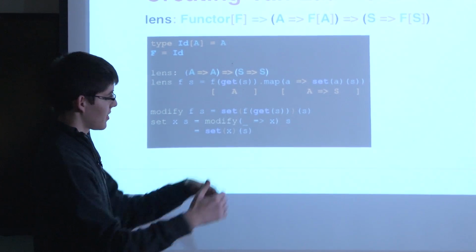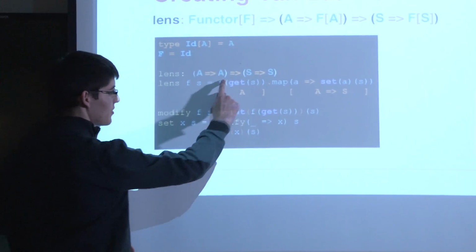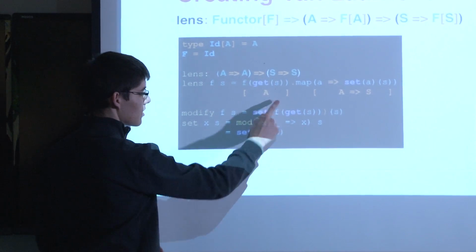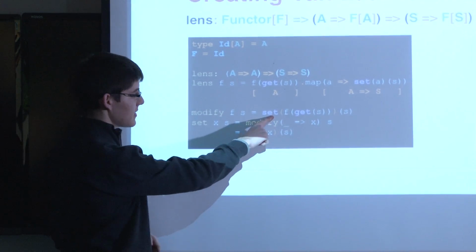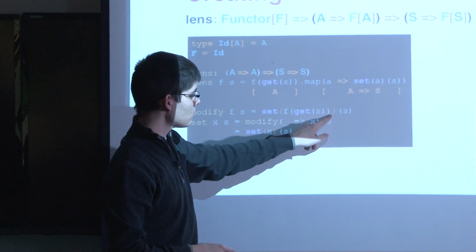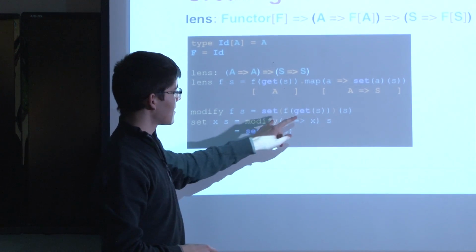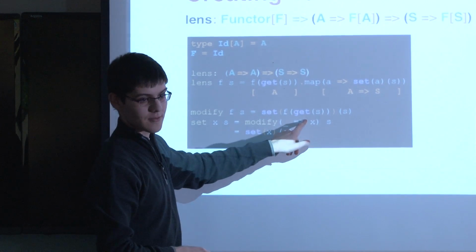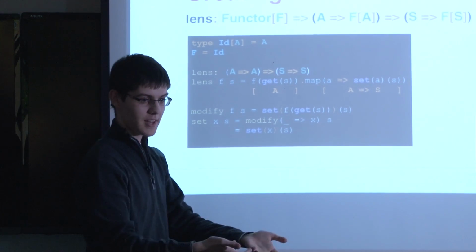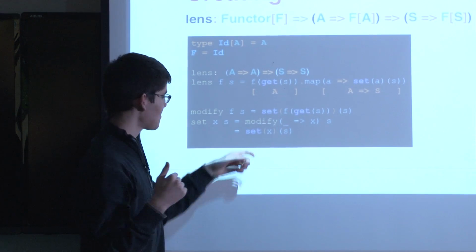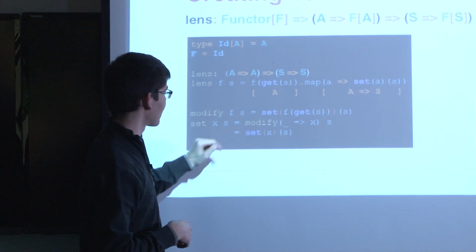So if we apply the function to the value, this is our value. So we get this set of the value with S, right? Set of f of get. We get it, apply f, and set it back. That's modify, right? That's correct.